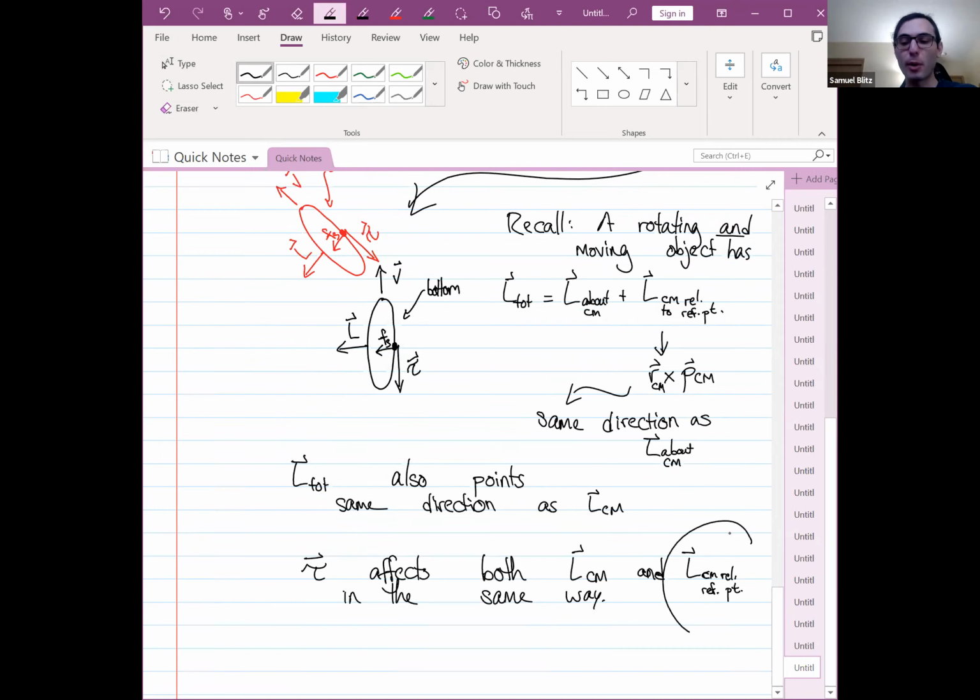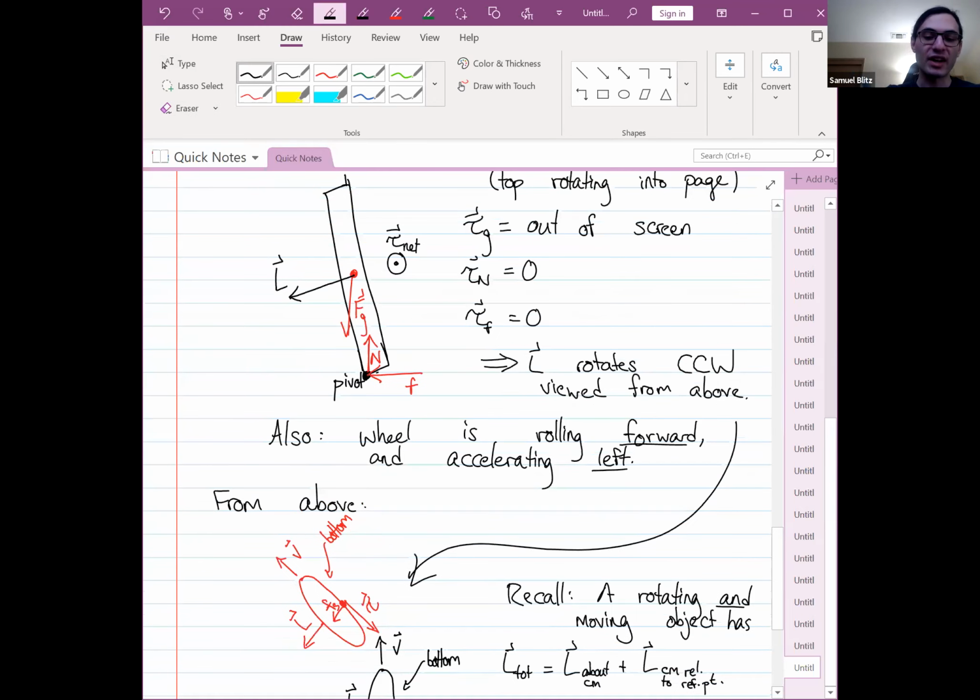Because if this angular momentum relative to the reference point changes direction, and this vector r isn't changing direction, then the velocity vector has to change direction. So this accounts for the fact that the person ends up changing the direction that they're traveling, because the velocity of the center of mass must change direction in order to account for that change in angular momentum.